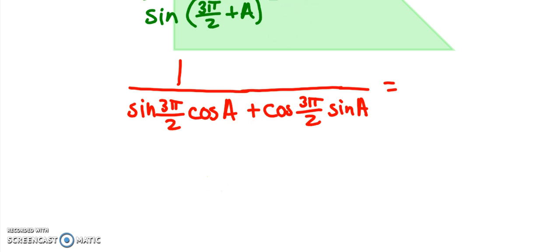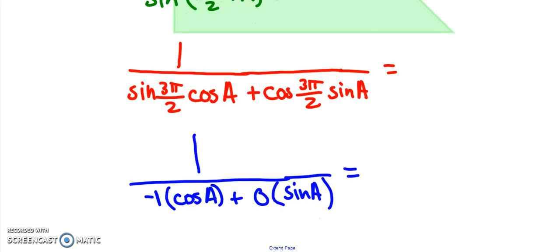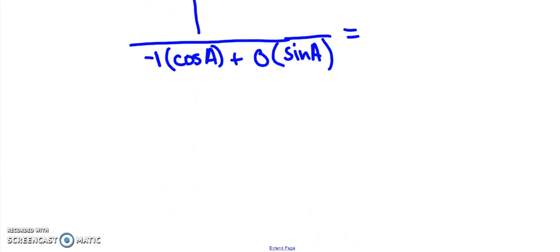So when we rewrite this on the next line, we have negative 1, and we keep the cosine A, plus cosine 3 pi over 2, which is what? 0, right? Then times sine A. And hopefully everybody already sees that something's happening here, so it should make it even easier for us to answer the problem. I hope.